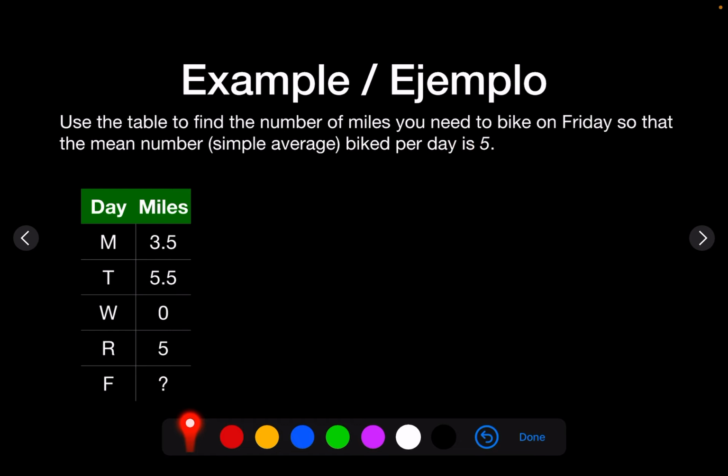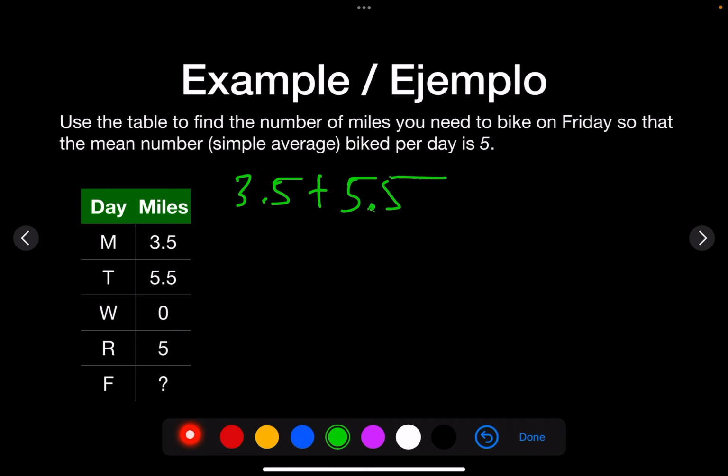So what we want to do here is realize that the average is the sum of all the numbers divided by however many numbers are in the sum. So we're going to write it like this. We're going to write 3.5 plus 5.5, and then plus 0 plus 5, and then plus, I'm going to use a variable here, and because the context is miles, I'm just going to put an m.